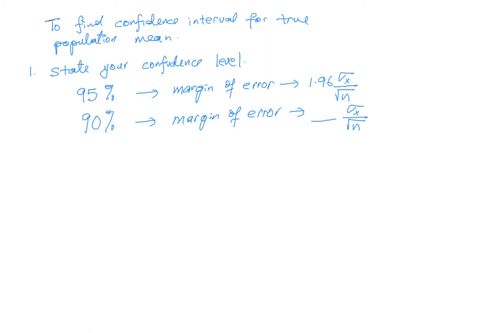May I know what number must I put here if my confidence level is 90%? 1.64. Anyone in the class don't know how to get the answer?